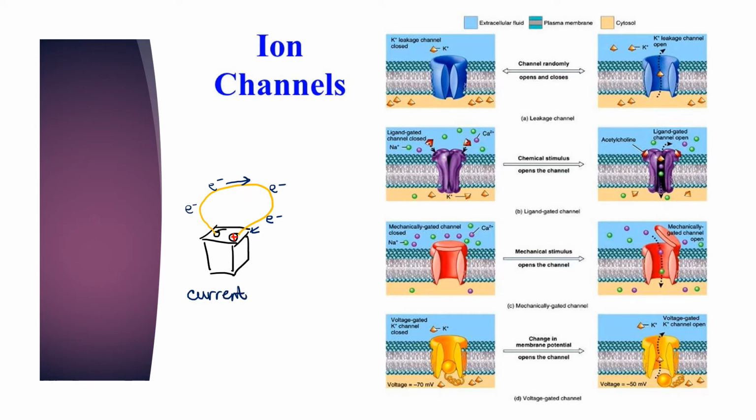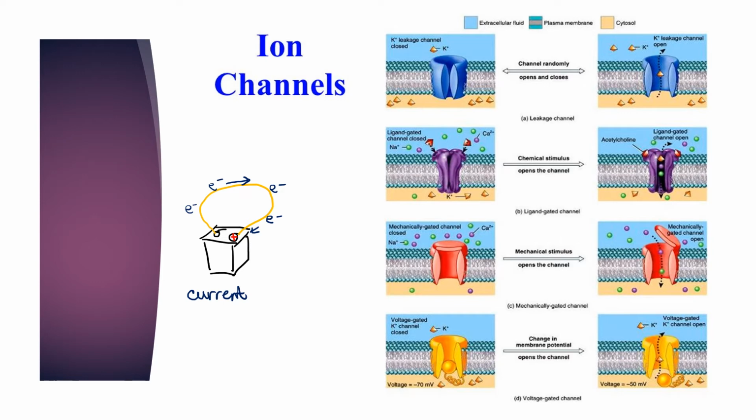Now in living cells, we have the flow of ions rather than electrons that constitutes an electric current. So it's a very similar concept, just with different particles involved. Here we're talking about the movement of ions causing this current. Now graded and action potentials occur because the membranes of neurons contain many different kinds of ion channels that will open and close in response to specific stimuli.